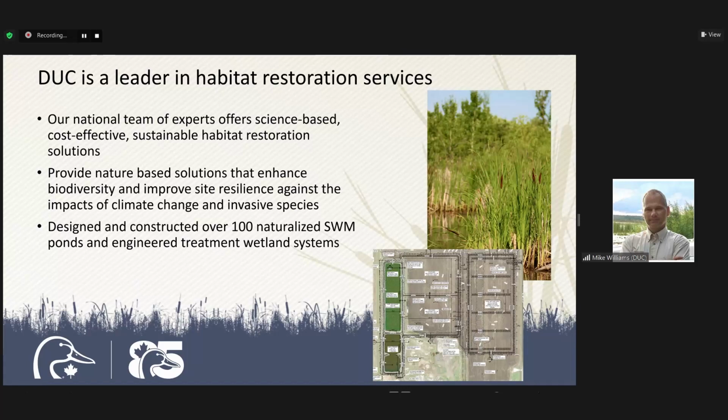To date, we've designed and constructed over 100 naturalized surface water management ponds and treatment wetland systems focused on improving water quality and lowering long-term maintenance costs. And I should point out that acronym SWM, when you see that in the slide deck, that just stands for Surface Water Management. Next slide, please.